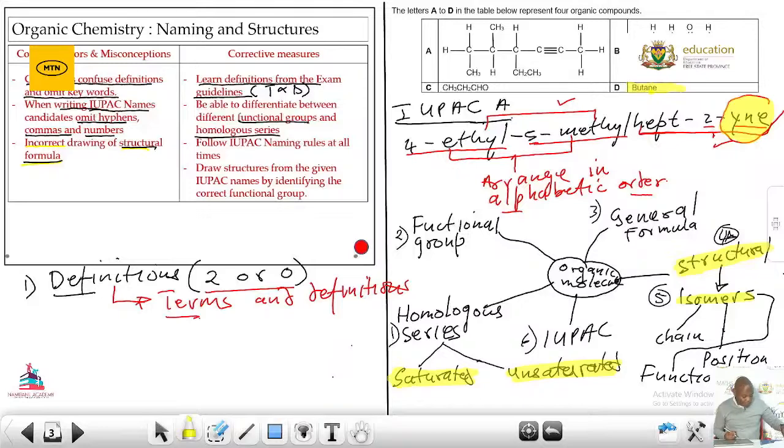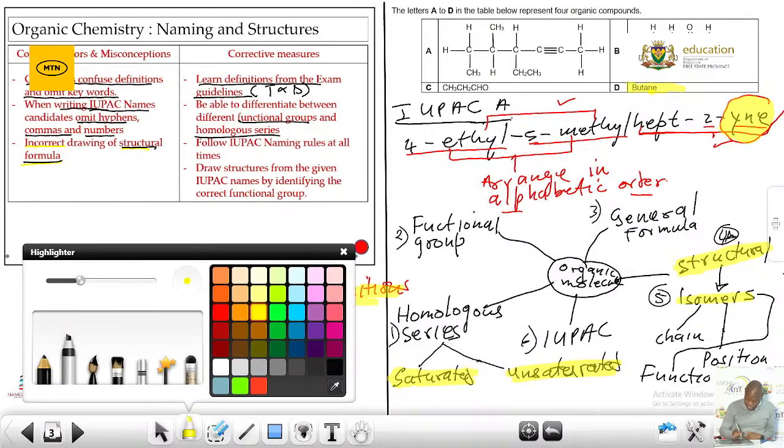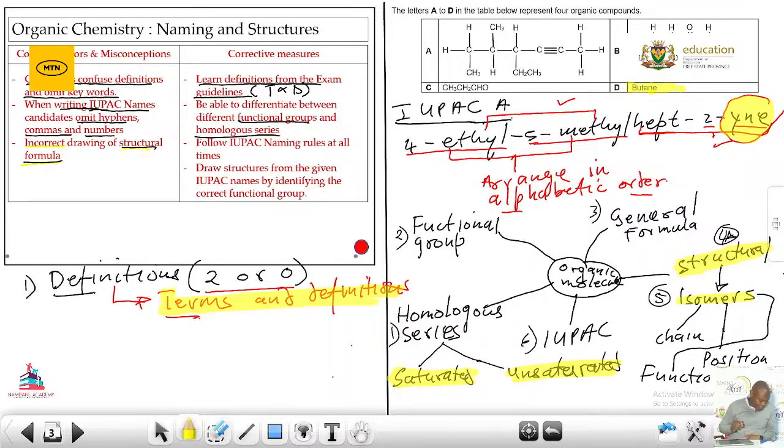But because I did mention earlier on that the Department of Education developed a nice now terms and definitions for us, so I will kindly now refer you to terms and definitions as a booklet that now each and every learner who's doing technical science in the Free State should have.